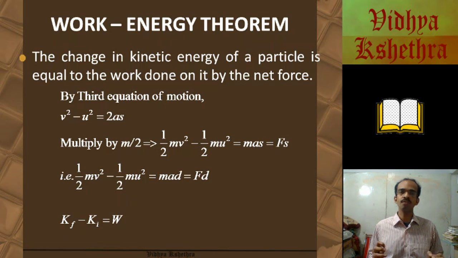That is, Kf, which is the final kinetic energy, minus Ki, the initial kinetic energy, is the change in kinetic energy, and it is equal to the total work done.